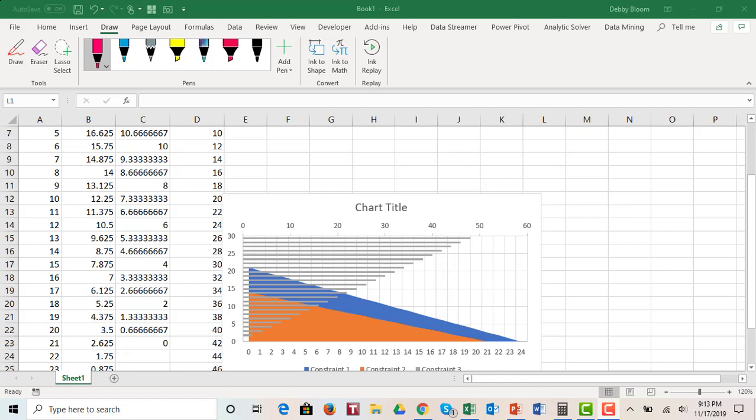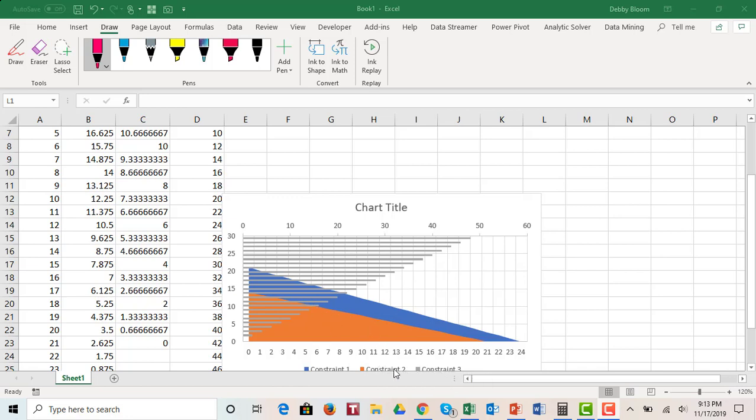Now, to get our second point, we're going to have to solve a series of simultaneous equations. Now we don't care about constraint 1 because our ideal point doesn't cross on the blue line, but it does cross at the intersection of the orange line and our bar chart.